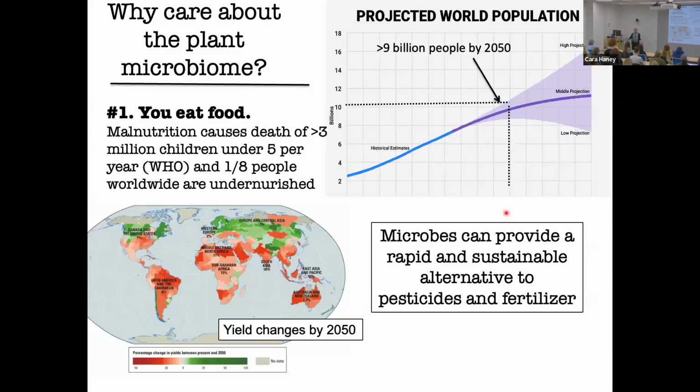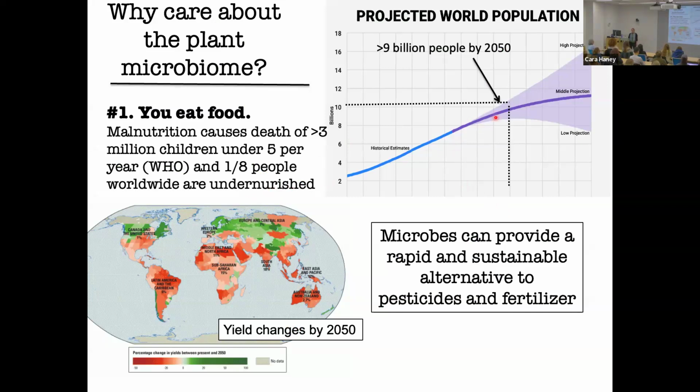So why should you care about the plant microbiome? The first reason is that you eat food. At present day, as a result of climate change, there's increased drought and increased temperature, and these are resulting in decreased yields globally. Projected yields by 2050, so over the next 30 years, are projected to fall by up to 50%, particularly in the Southern Hemisphere.